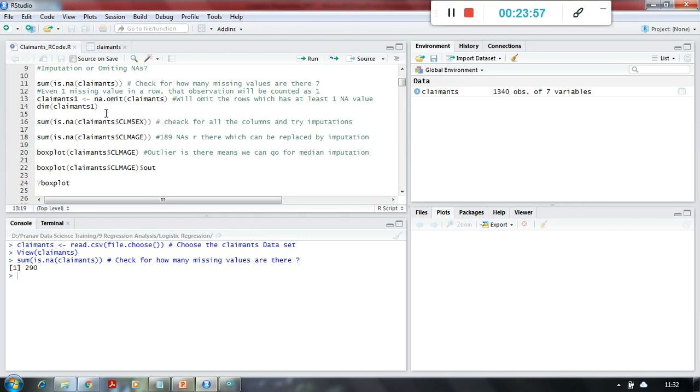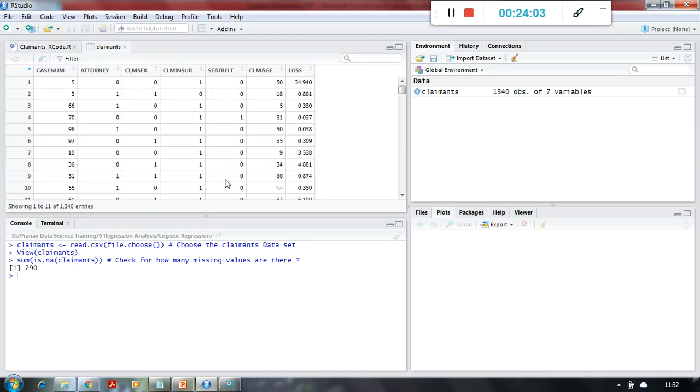So one option which we have is to simply omit these NA values. Now if I want to omit this particular value, omit means drop this particular value, don't consider this value, then I have to drop the entire row, right?